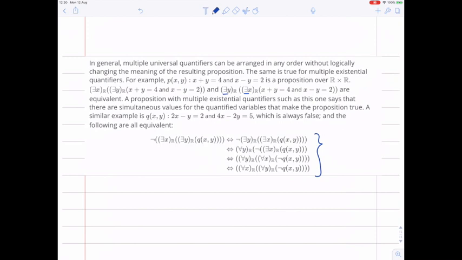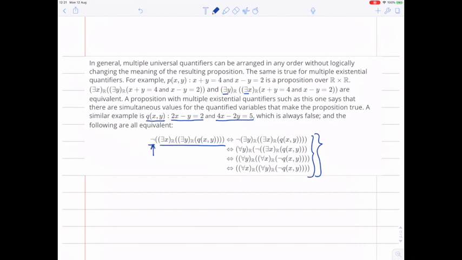These examples are pretty good because they combine negation and multiple quantifiers. So let's have a quick look over here. Taking our proposition Q to be the proposition over x and y which says that 2x minus y equals 2 and 4x minus 2y equals 5, this is always false. So we could write these in equivalent ways.